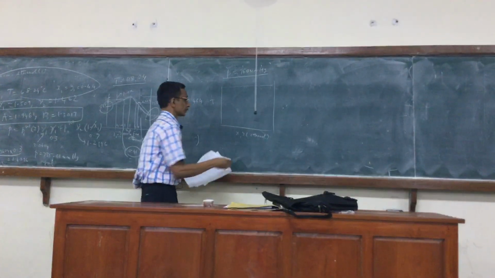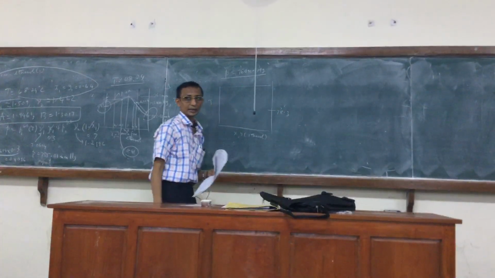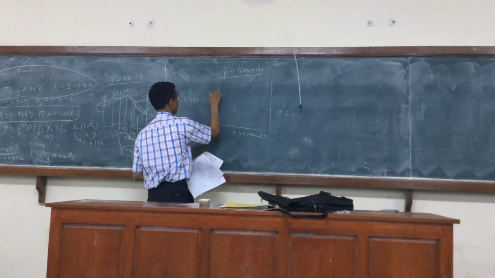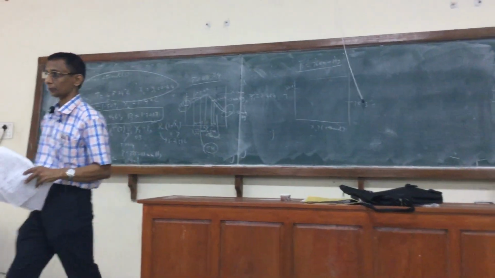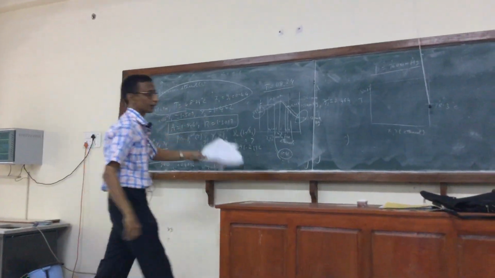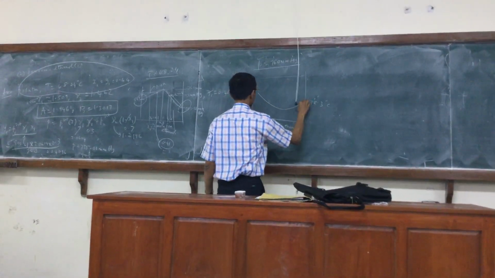We see that the boiling point of ethanol at 1 atmosphere is 78.3 degrees centigrade, and this is 80.1. So clearly this has to undergo a minimum. 16.24 is given to us, so I can roughly construct this.